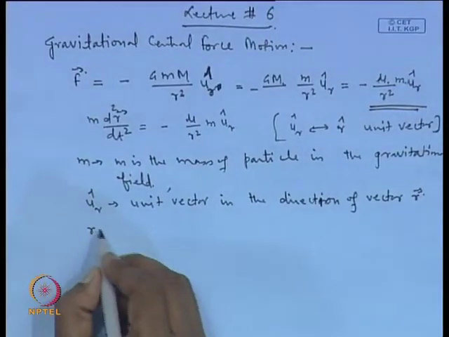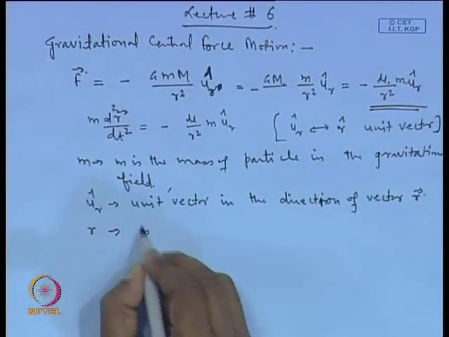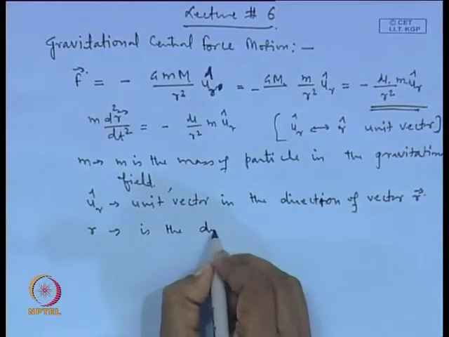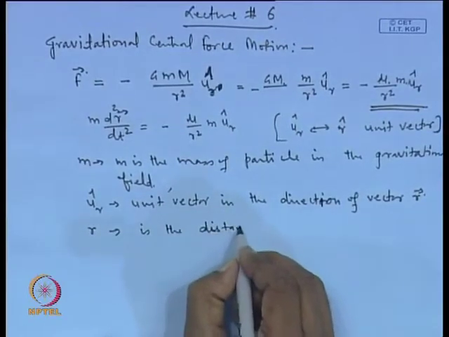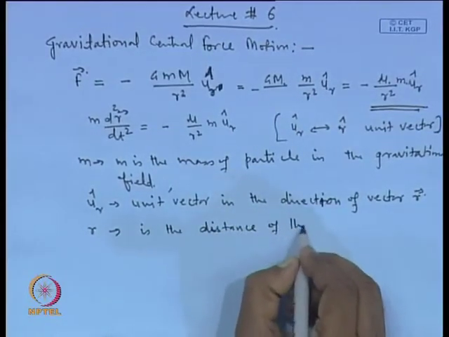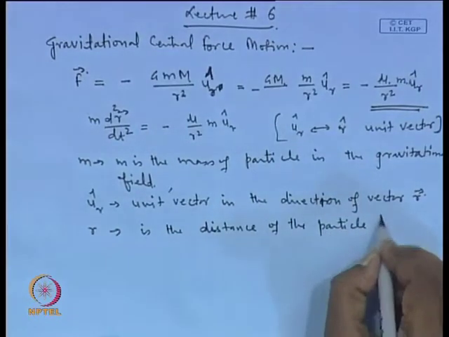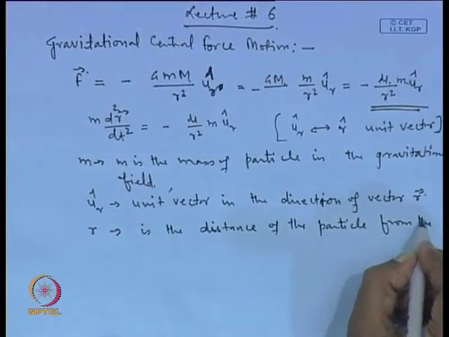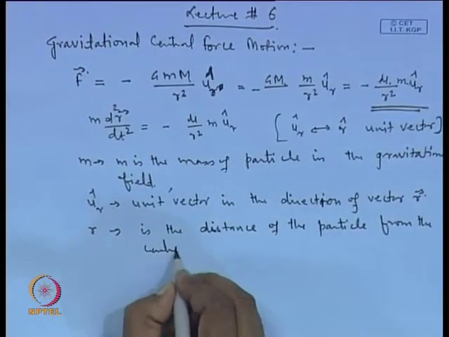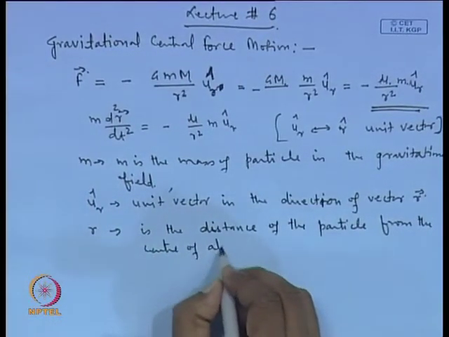Okay. r is the distance of the particle from the center of attraction.